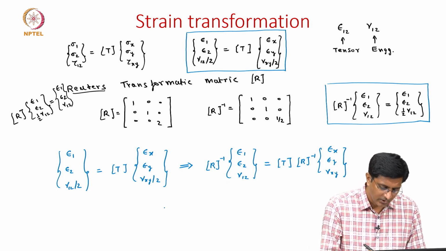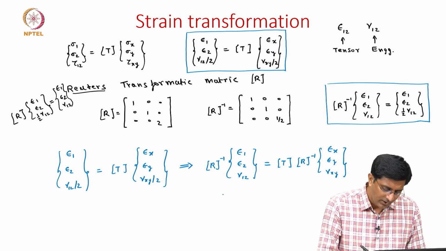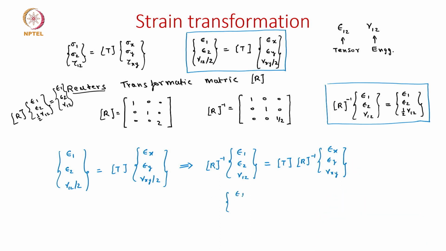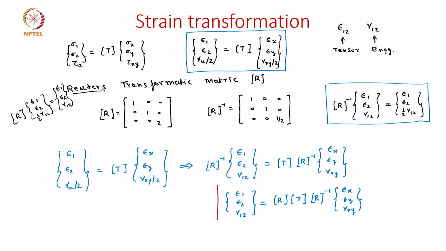And lastly, if I pre-multiply both sides with R, then it takes the form epsilon 1, epsilon 2, gamma 1 2 equals R times T times R inverse times the strains in the body coordinates. So, this should give us the expression for the transformation of the strain.